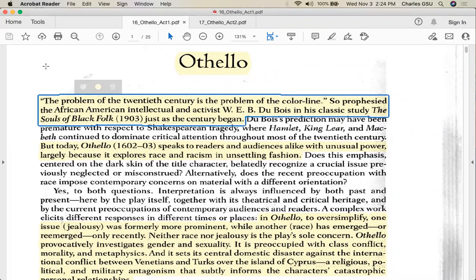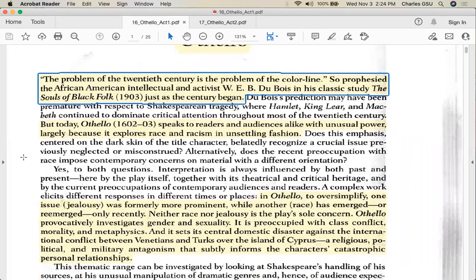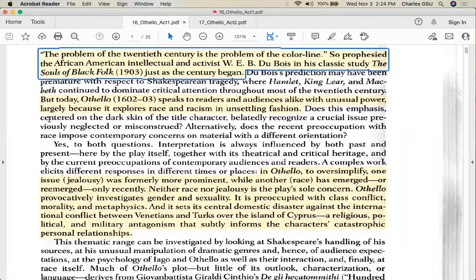And the essay by Walter Cohen begins, "The problem of the 20th century is the problem of the color line," which is a quotation from Du Bois. So prophesies the African-American intellectual and activist W.E.B. Du Bois in his classic study, The Souls of Black Folk, 1903, just as the century began. Of course, having a PhD from Harvard, Du Bois would have certainly been well steeped in Shakespeare.